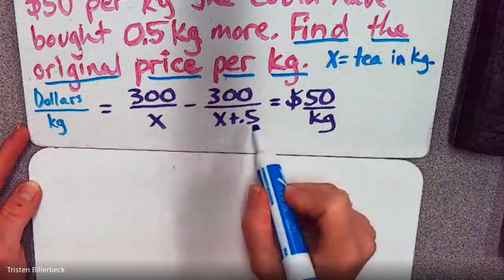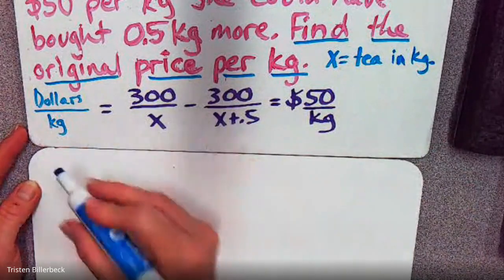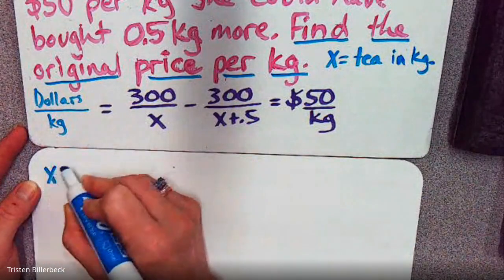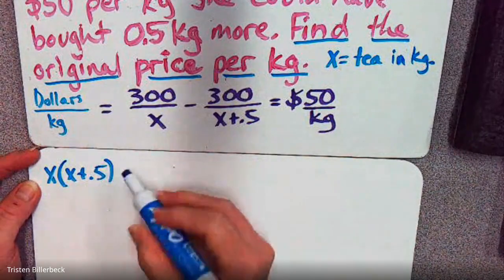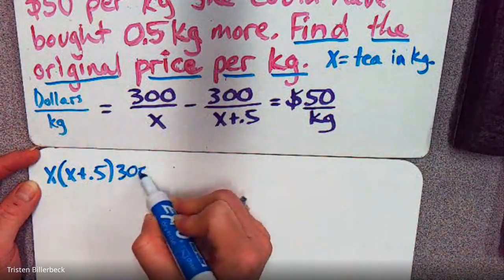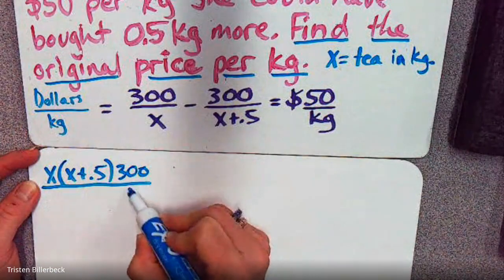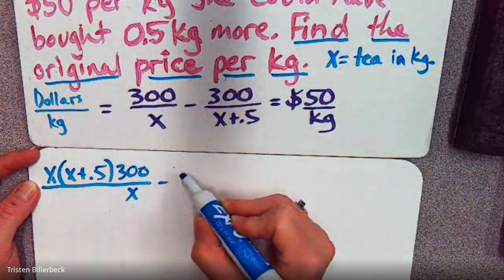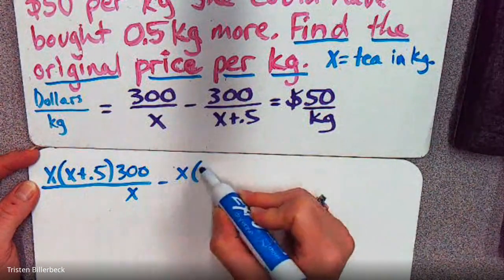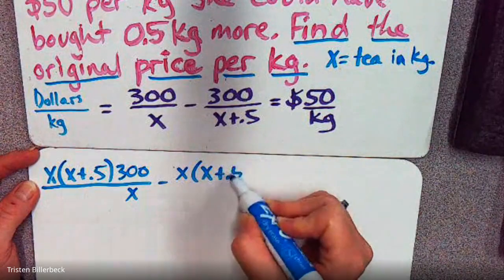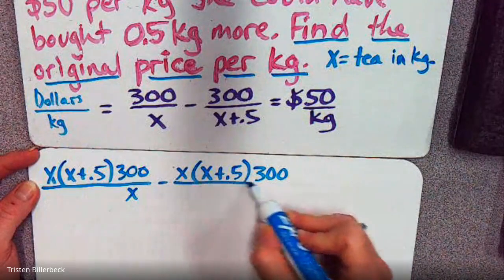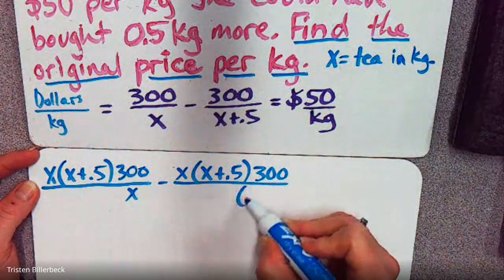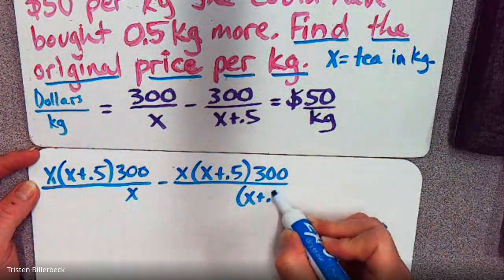So we have to do a fraction buster and multiply by the denominator. And so that's 300 over x minus, and then we do the same thing, x plus 0.5 times 300 over x plus 0.5.